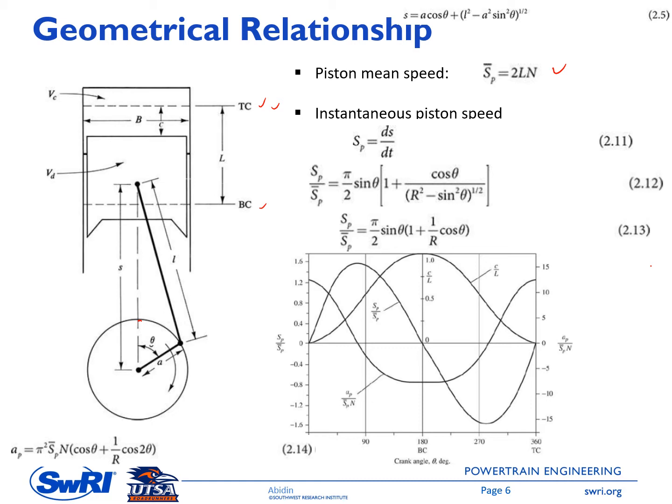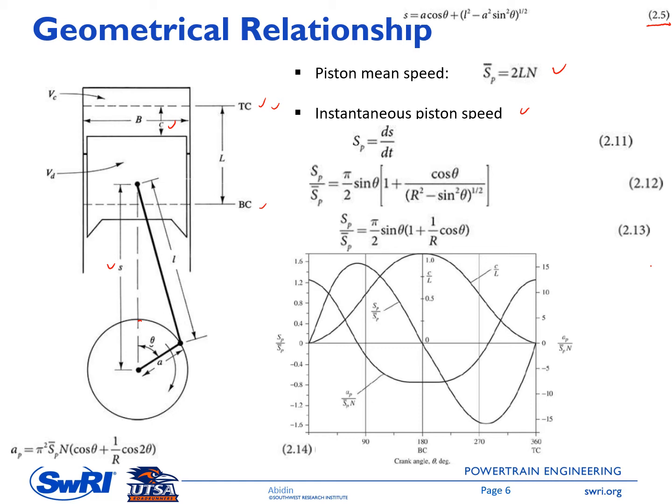Then the next one is the instantaneous piston speed. To get instantaneous piston speed, we need to differentiate the piston position formula with respect to time. So we have a piston position represented by C or by S. Let's say we pick this S equation, 2.5 here.